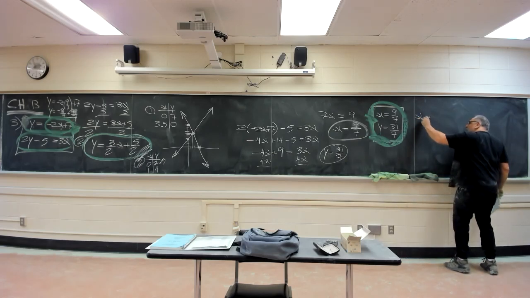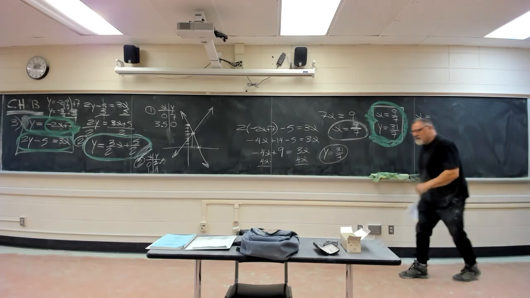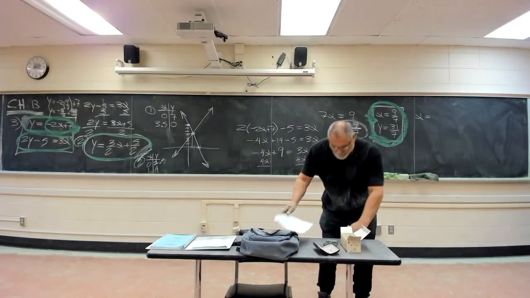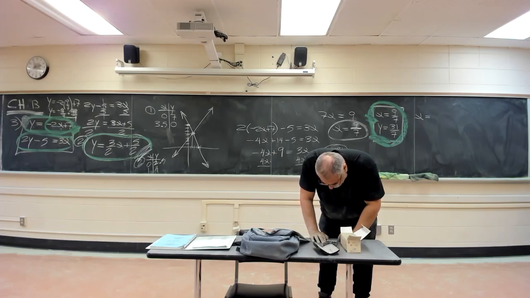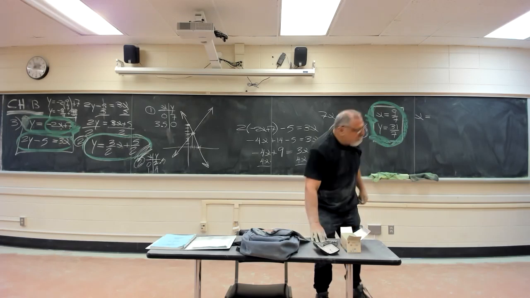Well, 9 divided by 7, and we'll round it to hundreds. .2857, 1.2857 rounds to 1.29.